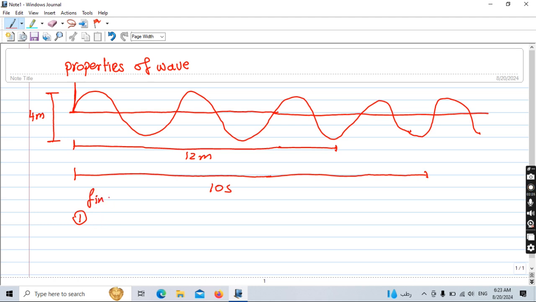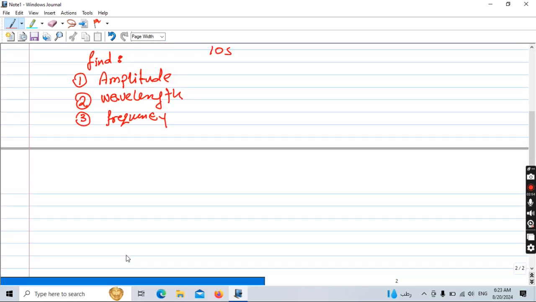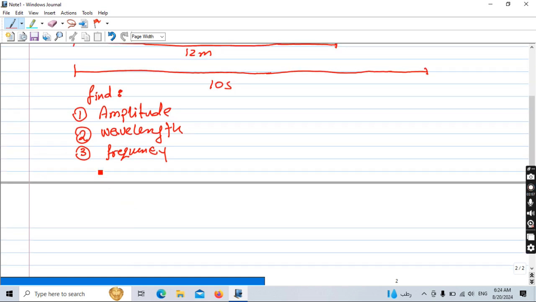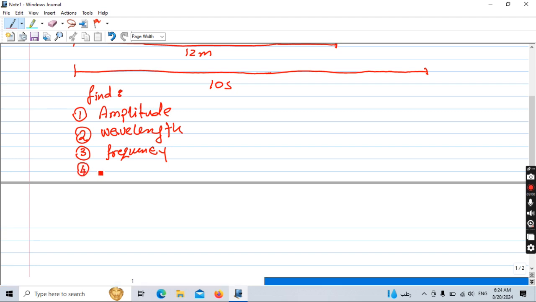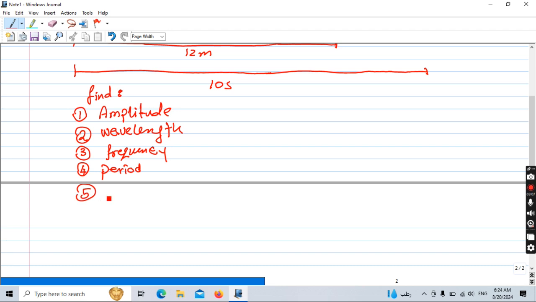So, find one, the amplitude; two, the wavelength; three, they can ask you to find the frequency; four, they could also ask you to find the period or the periodic time; and finally, they can also ask you to find the speed of the wave.